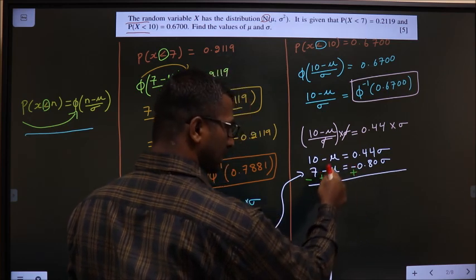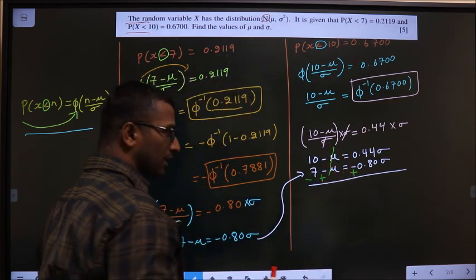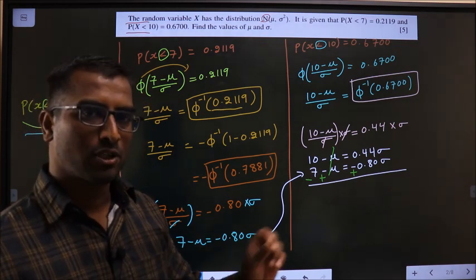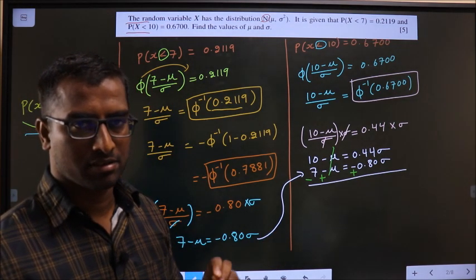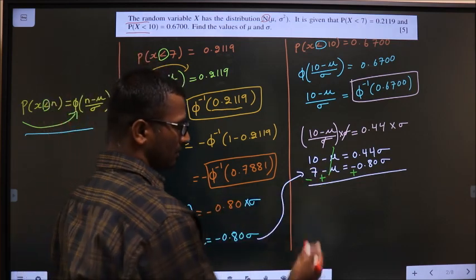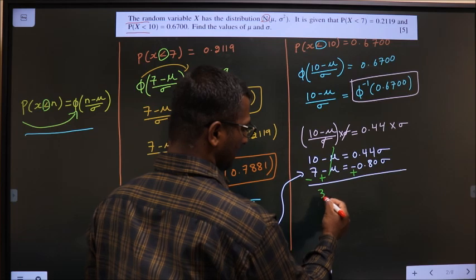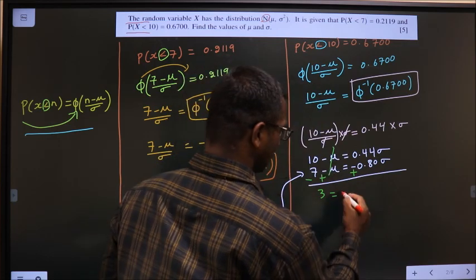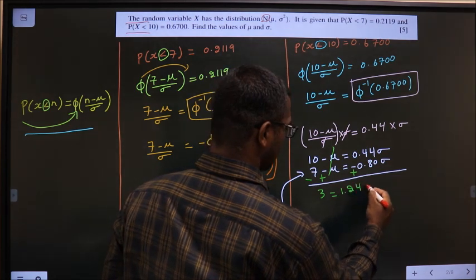And why do I change? When I change, only then the mean gets cancelled. It's like solving linear equations. So this gets cancelled. Now 10 minus 7 is 3. 0.44 into 0.80 is 1.24 standard deviation.